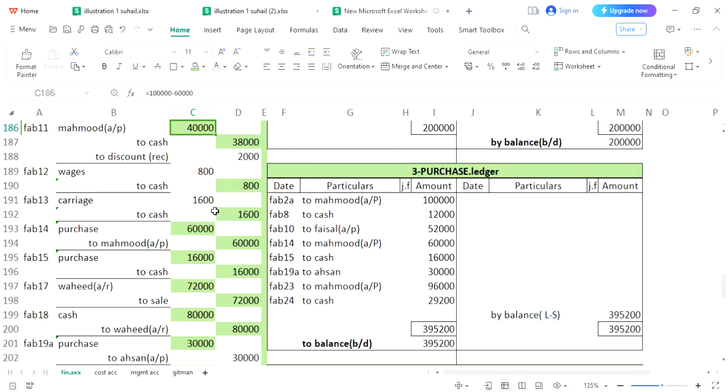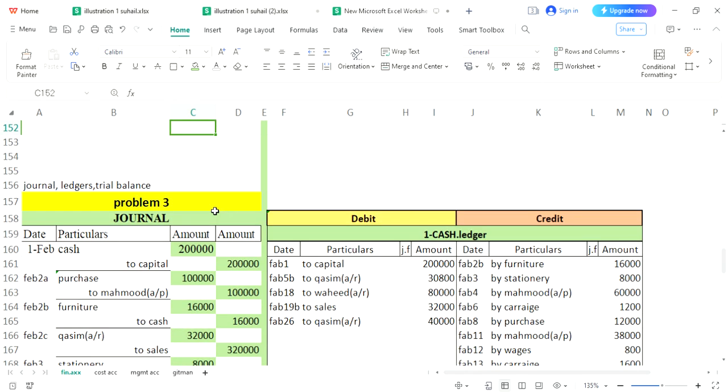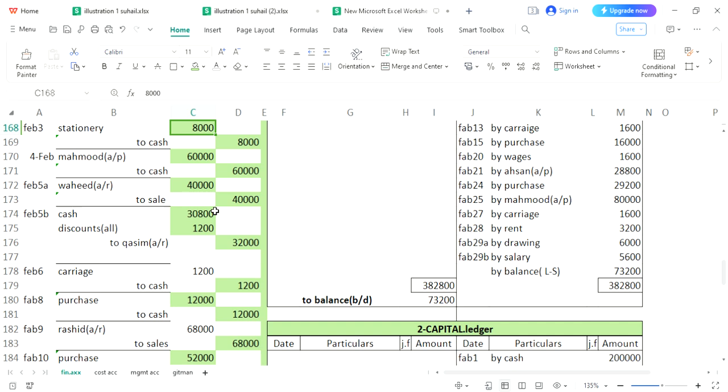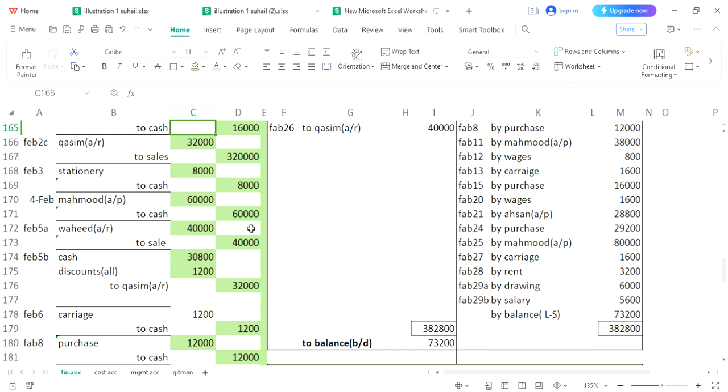Okay, and we will search Qasim again. I will see it by myself. I'm very hopeful that Qasim's ledger is completed. There is no entry related to Qasim which is unmarked over here. Now we will see what is the next entry which is unmarked. We will start our search from here.